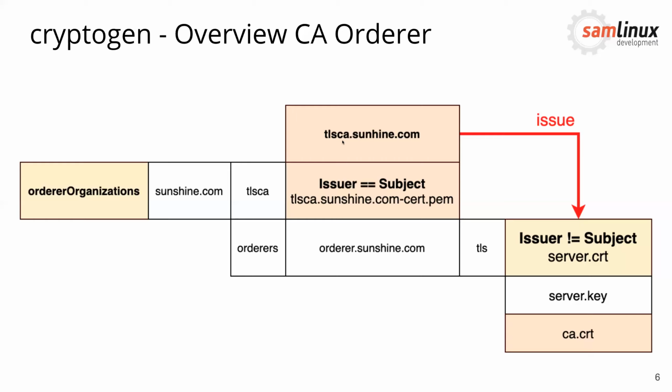And this is the root TLS certificate, and this issues the server cert and the server key here. And the TLS CA cert file is only a copy of this one. And you can use this one or this one. So, yeah.